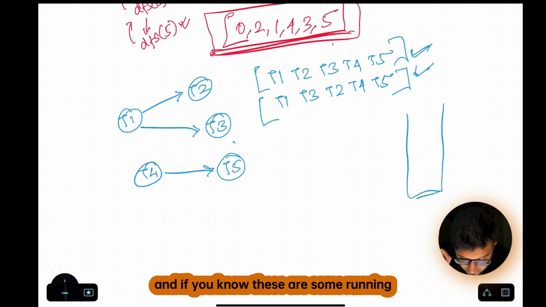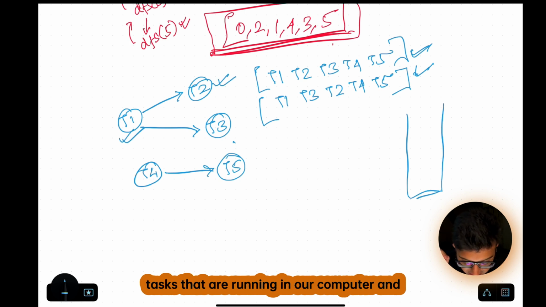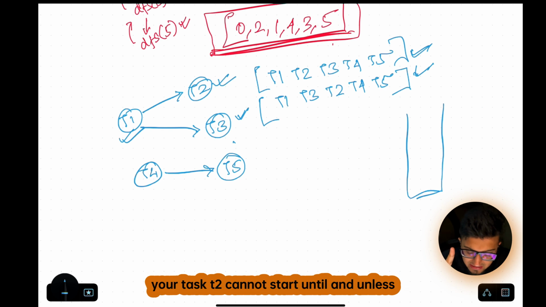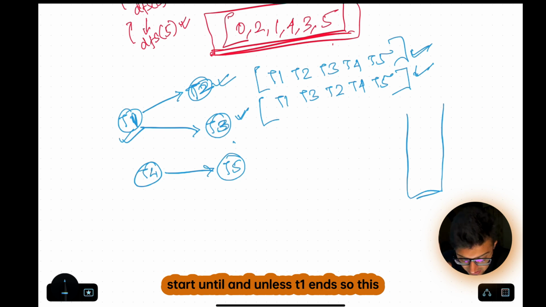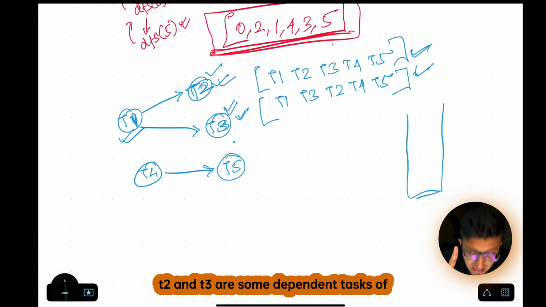And if you know, these are some running tasks that are running in our computer. Your task T2 cannot start until and unless T1 ends, right? Similarly, your task T3 cannot start until and unless T1 ends. So T2 and T3 are dependent tasks of T1.